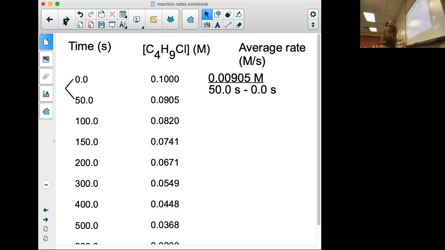I'm going to divide that by 50.0 seconds minus 0.0 seconds, which gives us 50.0 seconds. Divide that through, we get 0.000190 molar, or 1.90 times 10 to the minus 4th molar per second. All right, now we'll do other values inside of there in class.